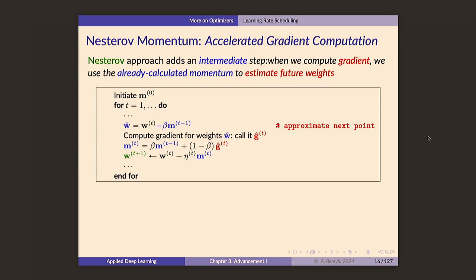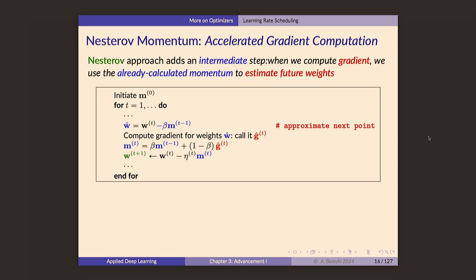And my momentum has one part from the previous momentum, beta times m t minus 1, plus 1 minus beta times my new gradient. This is going to be my momentum, correct?